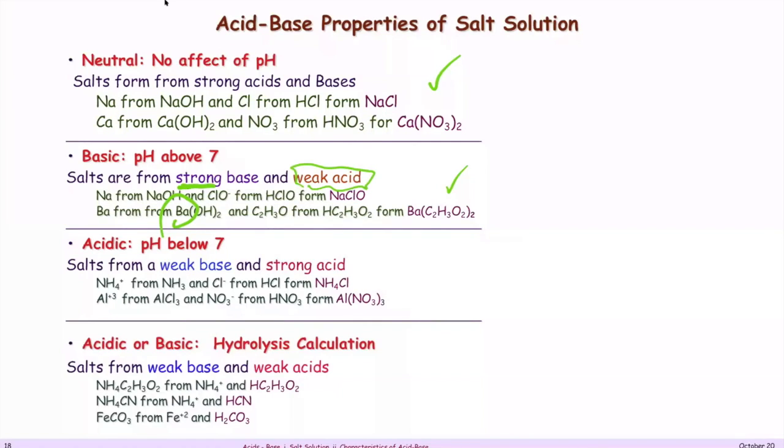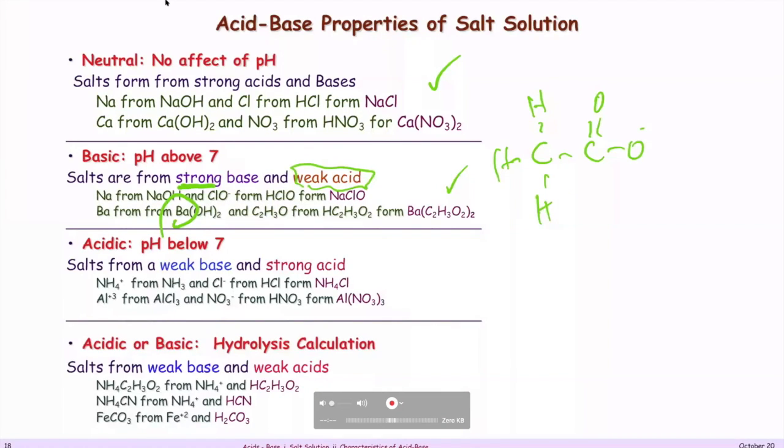So if you have acetate, and acetate is this chemical right here, it comes from acetic acid. Okay, if you put a hydrogen on that, then it becomes acetic acid. So you can see that the acetate ion is the conjugate of a weak acid.